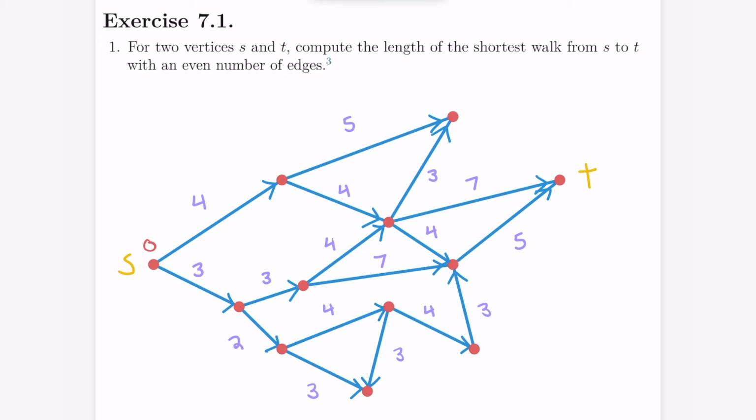Can't you just do two depth searches and then call the function? Okay. Well, first, does anyone figure out what the best even length is on this graph? You have to use an even number of edges. 3, 3, 4, 7.